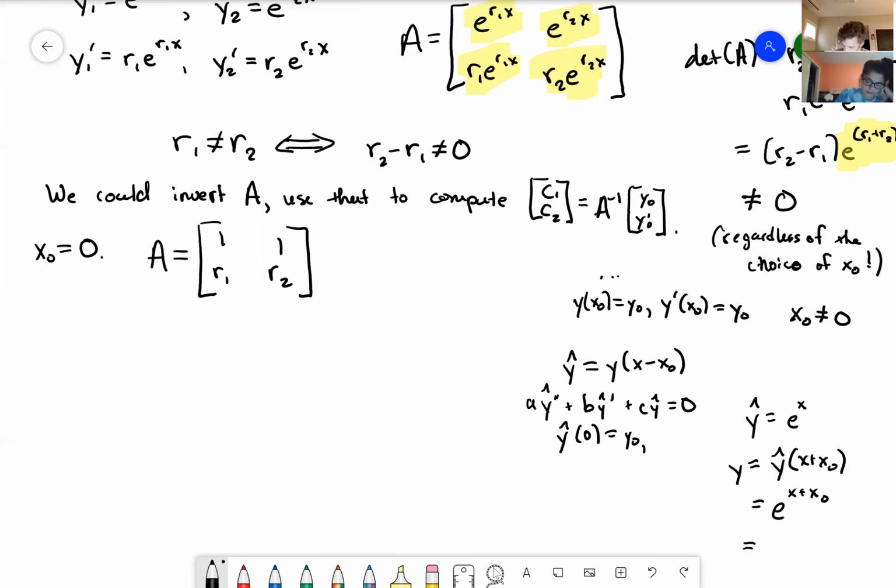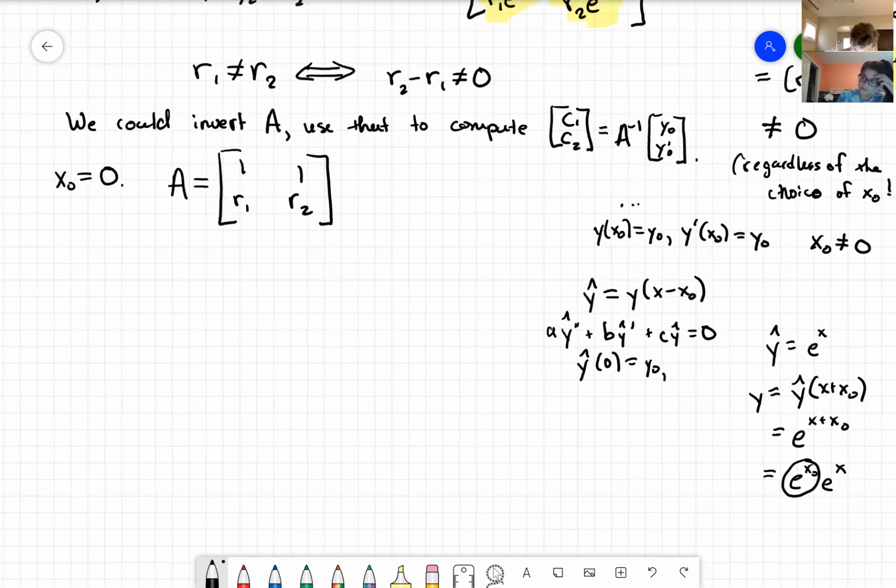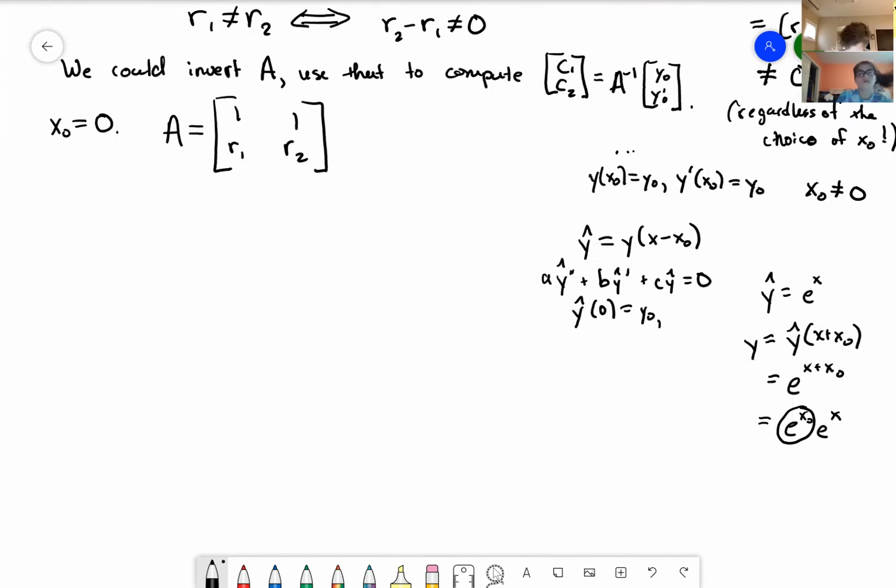And this e to the x0 is some constant that gets multiplied out in front. So the only thing that this would change is what the constants were at the end of the problem. The fundamental set of solutions wouldn't actually change at all. So that's a good thing to note in this case. So actually, we can always transform this into a problem where the initial condition is 0. So we'll just consider the 0 case.